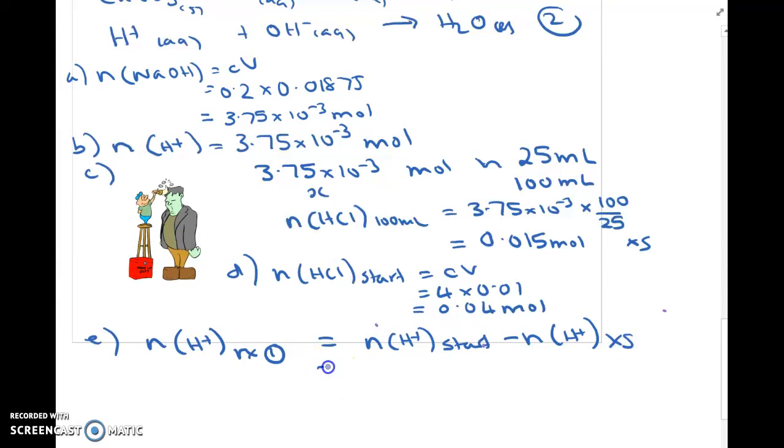So the number of moles at the start was 0.04. The excess we have calculated from our titration, so it is 0.015. And this comes out to 0.025 moles.